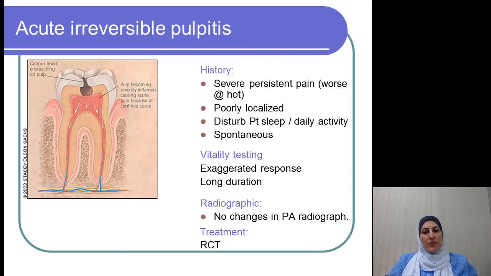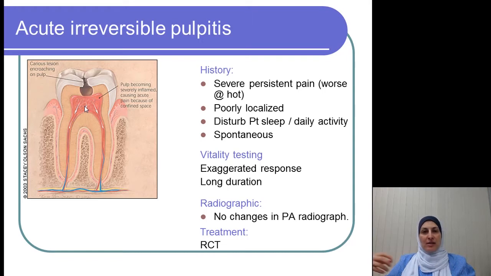The second stage, or if the carious lesion was not treated, the problem is that this caries or these bacteria will go deeper into the dental tissues, reaching the pulp, and there it will start to create a severe inflammation.